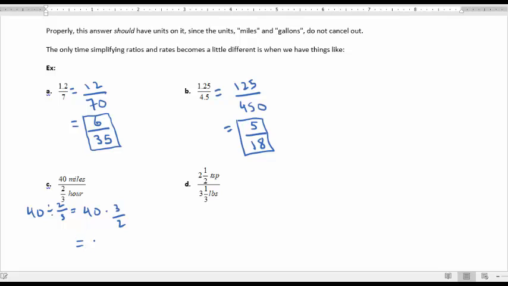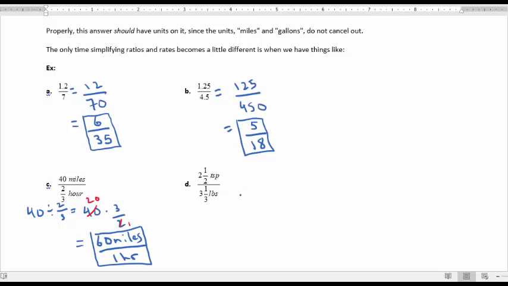I could do my cross canceling: 40 over 2 is 20, and then 20 times 3 gives me 60. So this is 60 miles per 1 hour. And again, you could just write 60 mph, because miles per hour is a very commonly known rate.